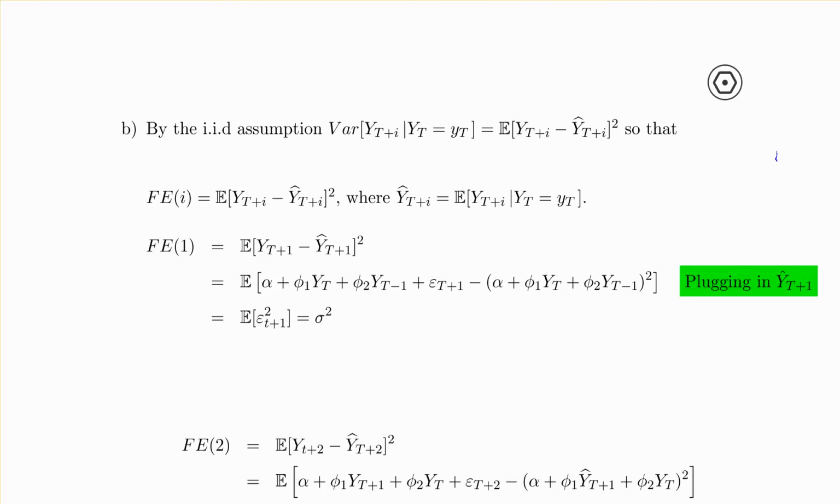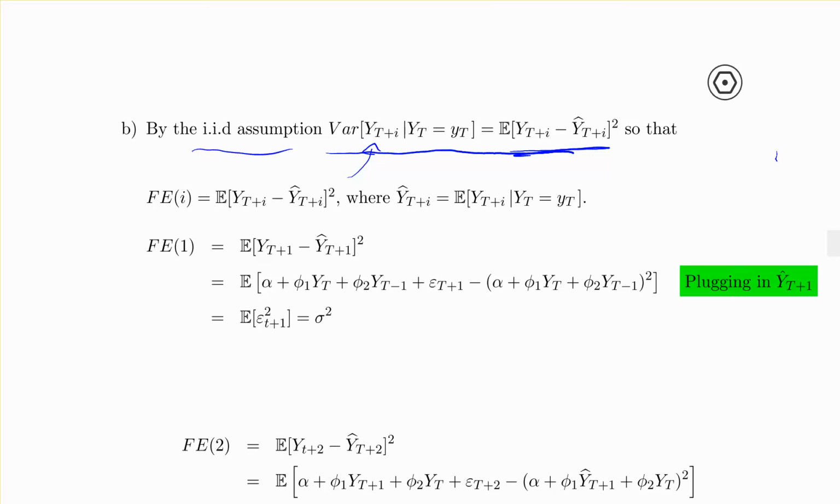Okay, so we can also then derive the forecast error. What we can show is, by IID, and again you can just remember this result, the variance of YT+i periods ahead given the sample outcome just equals the variance of YT+1. Because YT is IID, the effect of the past doesn't influence now. So the variance of the process i periods into the future doesn't depend upon the sample outcomes in the past under the IID assumption.